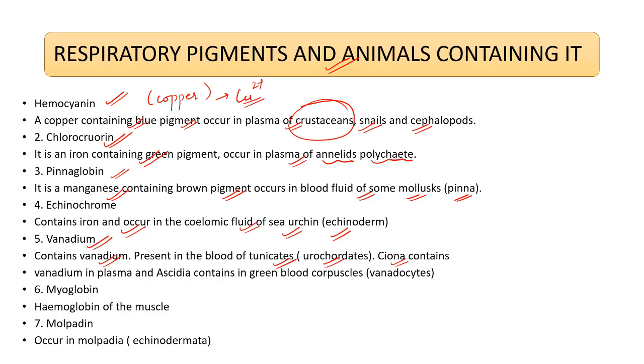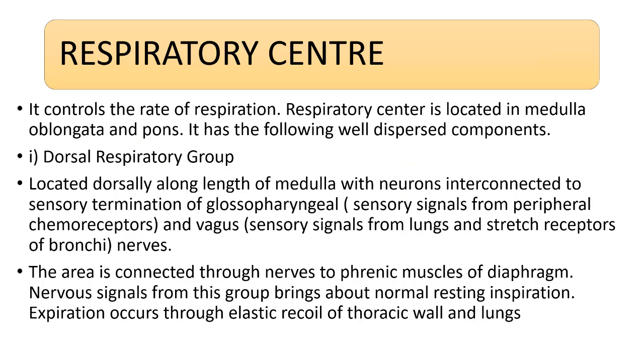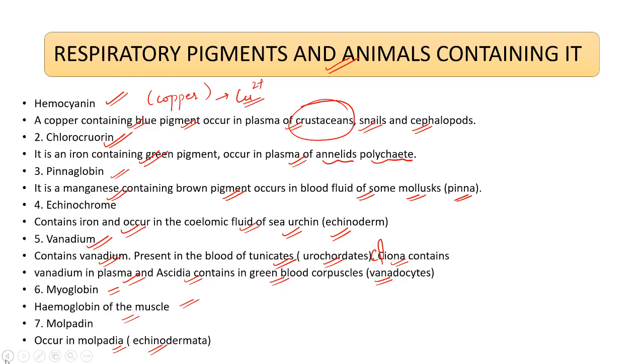Cione contains vanadium in plasma, and Ascidia contains green blood corpuscles, vanadocytes. Myoglobin is the hemoglobin of the muscle, and molpadin occurs in Molpadia, echinodermata. These are all different; especially remember myoglobin, vanadium, hemocyanin, chlorocruorin. These are some important ones.